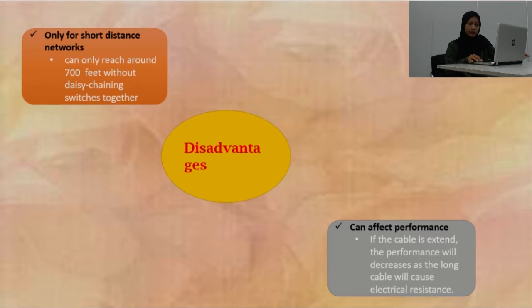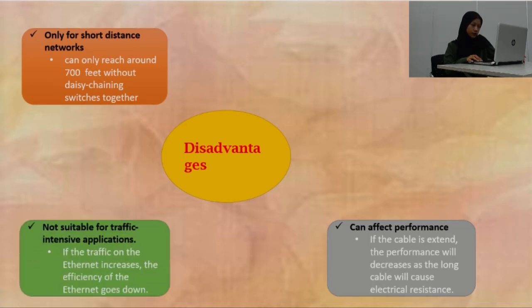If the cable is extended, the performance will decrease as the long cable will cause electrical resistance. The last one is that it is not suitable for traffic-intensive applications. If the traffic on the Ethernet increases, the efficiency of the Ethernet goes down.